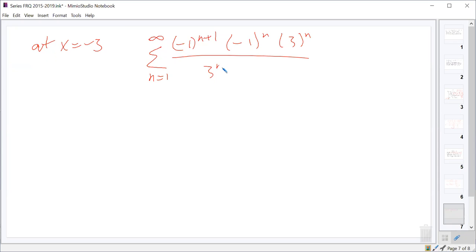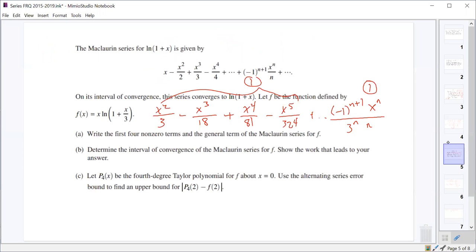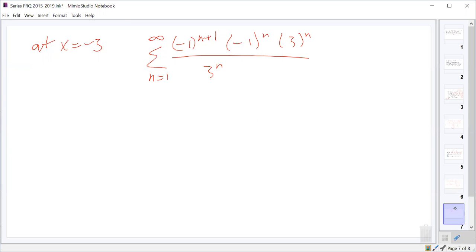Then in the denominator, we have a 3 to the n and an n. The 3 to the n cancels, so it's kind of an n in the denominator. We have -1 to the n plus 1 and -1 to the n, which should give us -1 to the 2n plus 1.